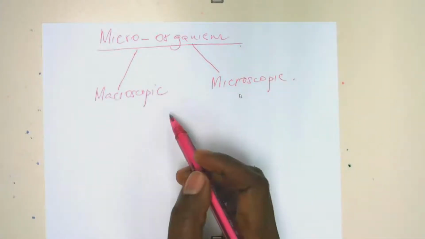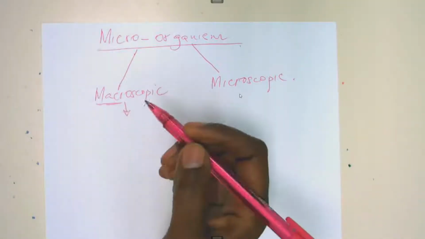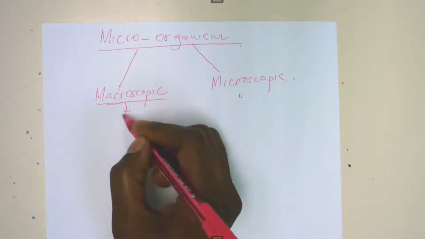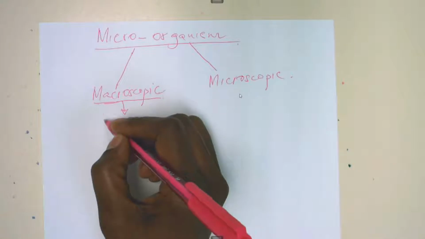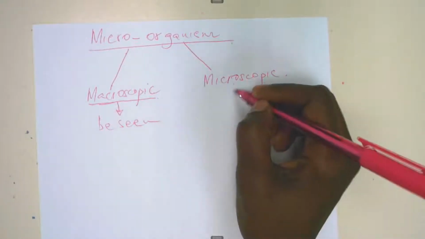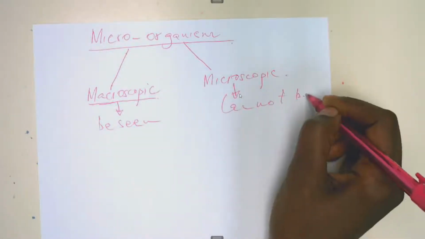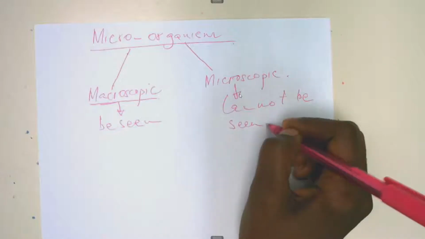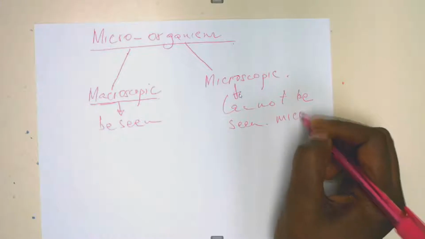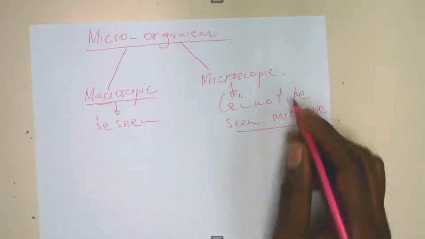If you remember, all organisms which are macroscopic can be seen with the naked eye. And then micro, they cannot be seen with the naked eye, which means we have to use the microscope for us to be able to see them.